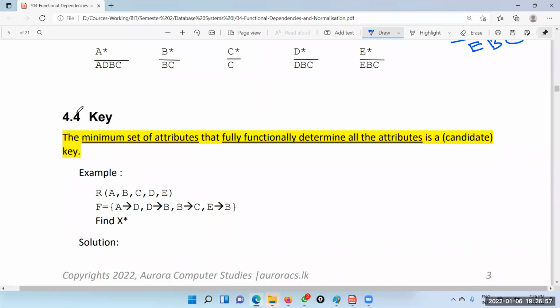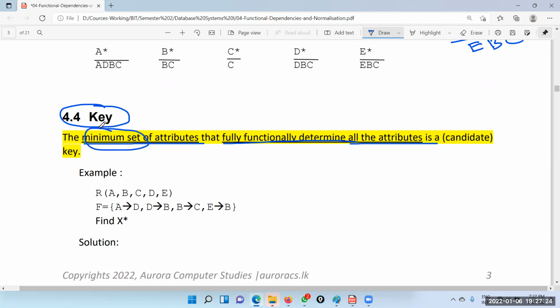So this is how you define a key with the help of dependencies and closure. The key is the minimum set of attributes that fully functionally determine all the attributes. Okay, so then we say it is a key. But it must be minimum.